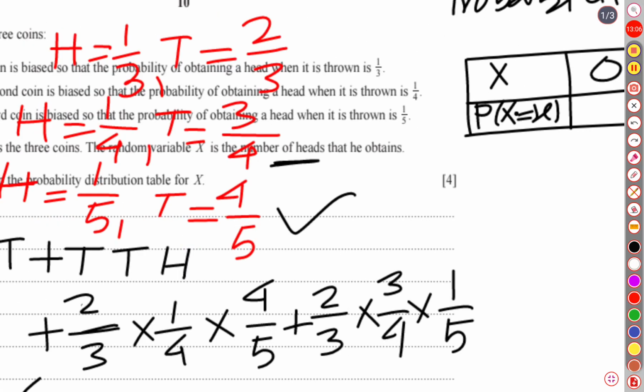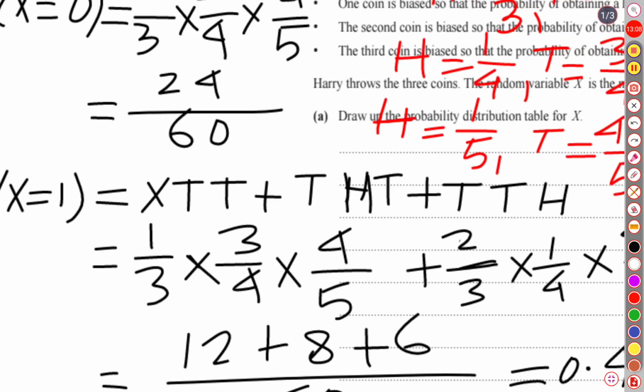Finally, if we divide 24 by 60, it is going to be 0.4.